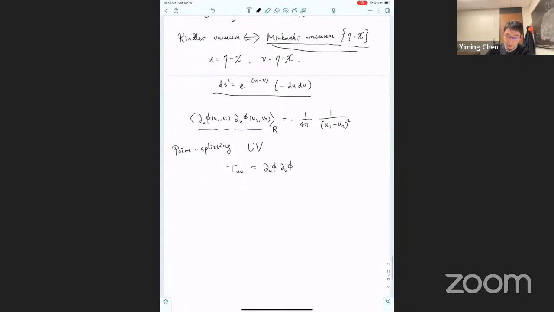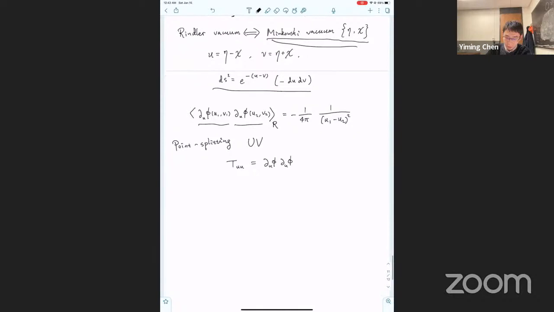So immediately you see that if you naively compute the expectation value, you get a divergence because the two field operators coincide with each other. Of course, to better define the stress tensor, as I said, we need to subtract the UV divergence.